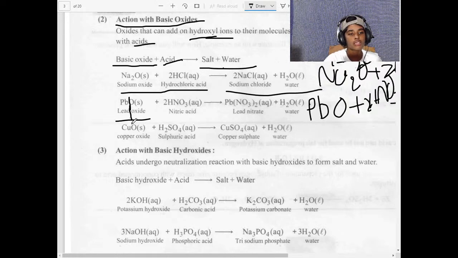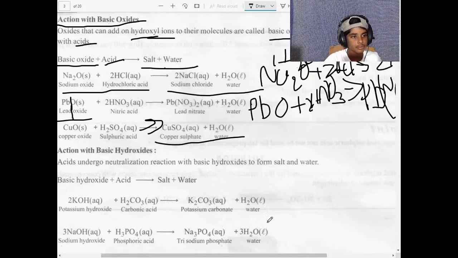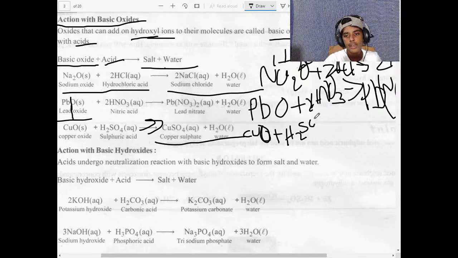Next, copper oxide plus sulfuric acid. It will give copper sulfate plus water. Okay, you write CuO plus H2SO4, and it will give CuSO4.